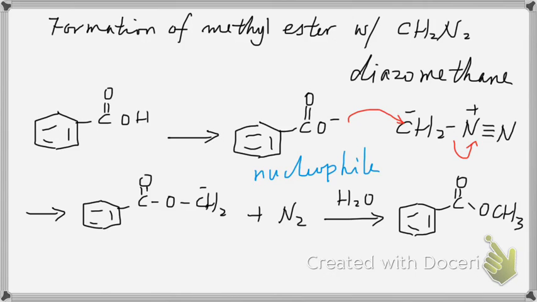All right. Now, something that I do want to point out here is that in the previous Fischer esterification, we have alcohol attacking the carbonyl of the carboxylic acid. There, the carboxylic acid serves as the electrophile, accepting electrons from alcohol.